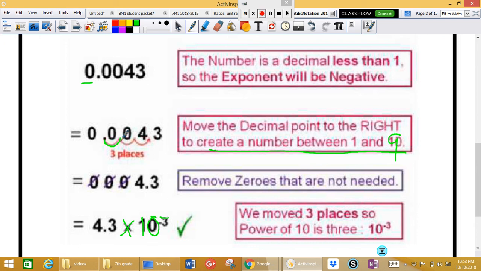Well, this is 0.043, 0.43, 4.3. So it needs to go right there between the 4 and the 3. So that becomes our leading term. And then these zeros just go away. So remove the zeros that are not needed. We move 3 places, so the power of 10 is 3, negative 3.